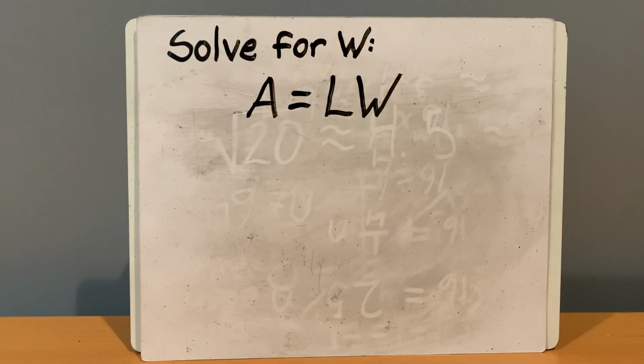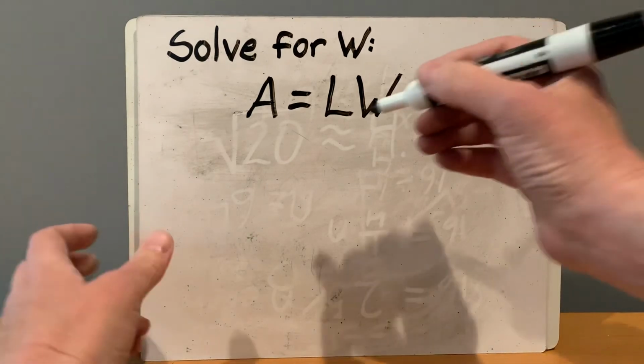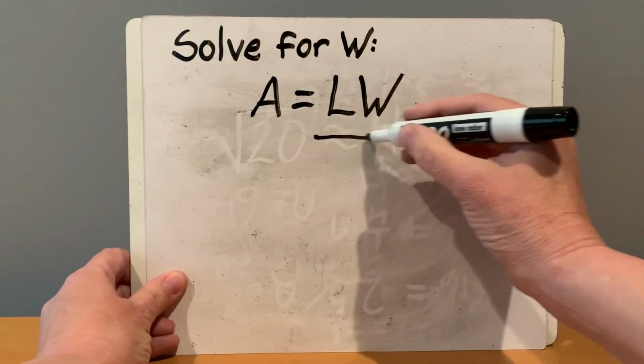Now, we see that W is to the right of the equal sign. So we want to get that all by itself. We do this by dividing both sides of the equal sign by L.